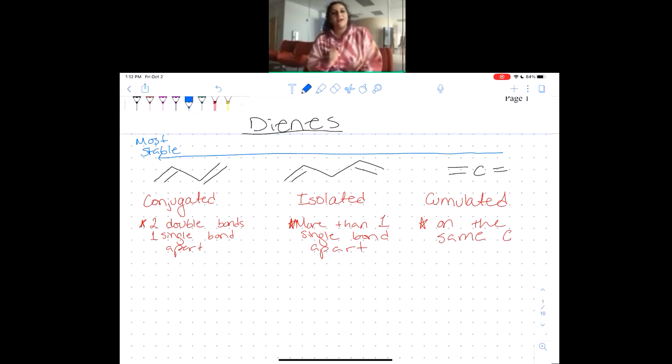Okay, that's fair. Someone said more resonance. Not exactly. And the reason I say that is because it cannot resonate through this carbon. So conjugation has a whole lot of resonance, but isolated does not. What about steric hindrance? That's my last one. Okay, cool.